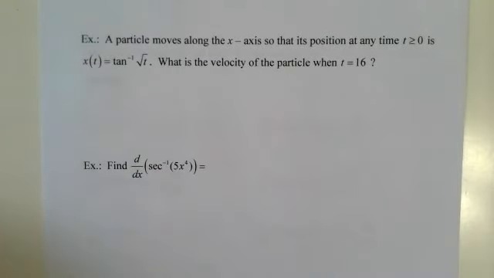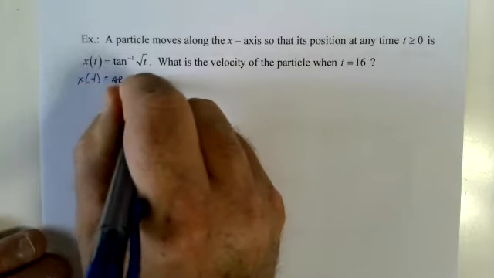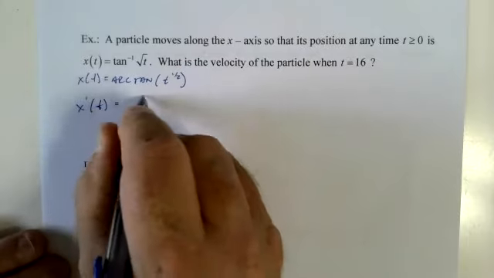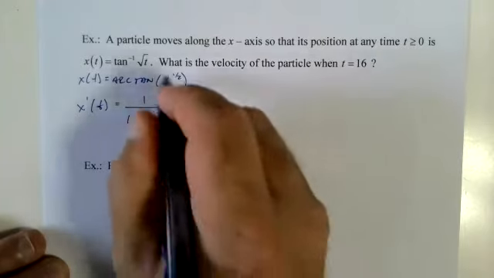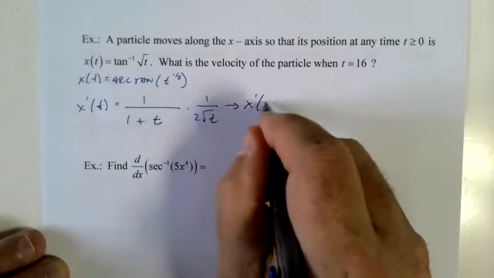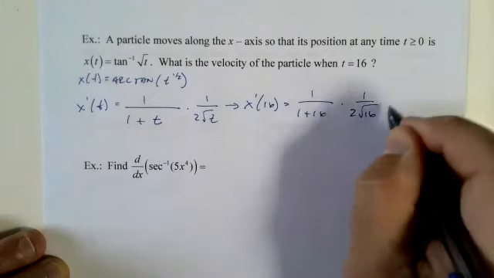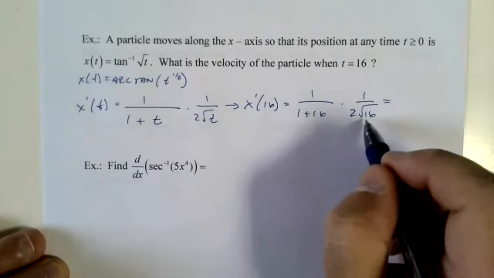All right. Look at me breaking the rules again. x of t equals arctangent of t to the 1/2. What's the velocity when t equals 16? x prime of t equals 1 over 1 plus that squared, times the derivative of that, 1 over 2 root t. x prime of 16 equals 1 over 1 plus 16, times 1 over 2 times the square root of 16, equals, go left, turn right, upside down, 8 times 17.